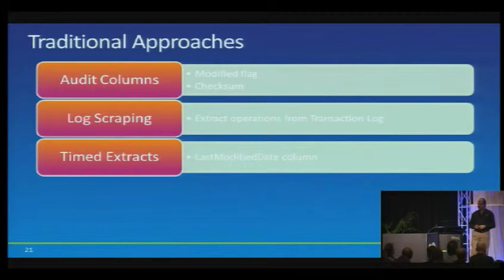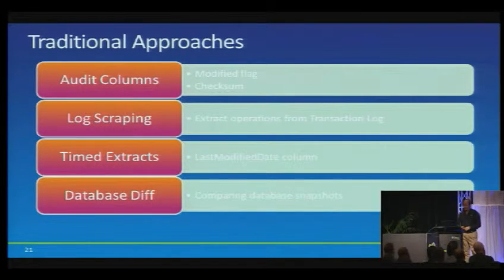More elegant is if we have, of course, a last modified date column on my source, where I can simply query and say greater than or equal to that date and get the delta. And we can go down to the database level. There are some utilities that do database diff.